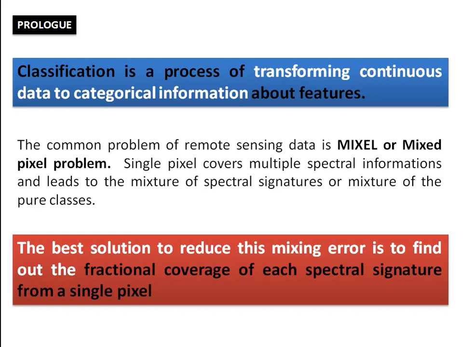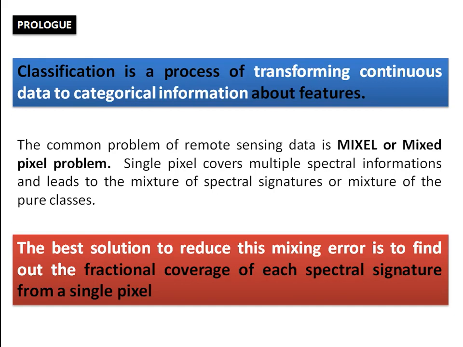So, why is the classification process very important and needed? Classification is a process to transform the continuous data to categorical information classes to represent the features. By this classification process, we can identify the features or the artificial features from the remote sensing digital images.